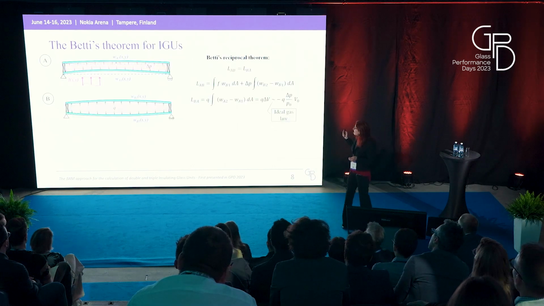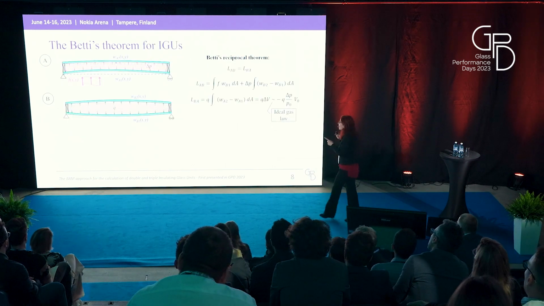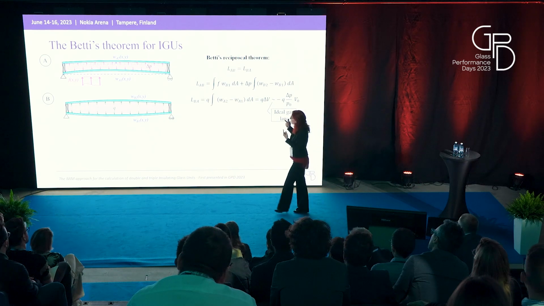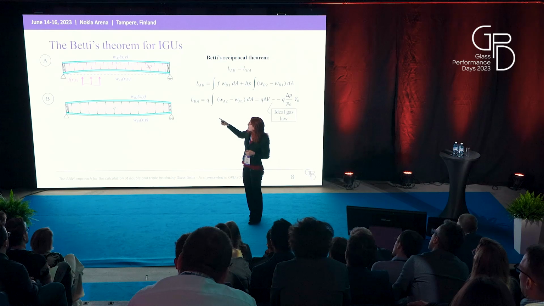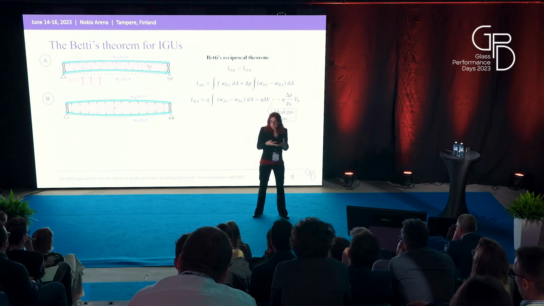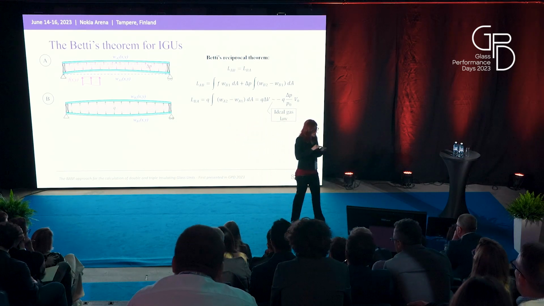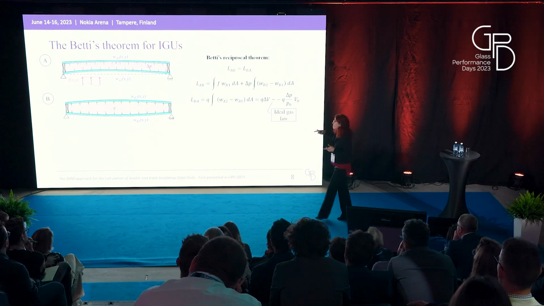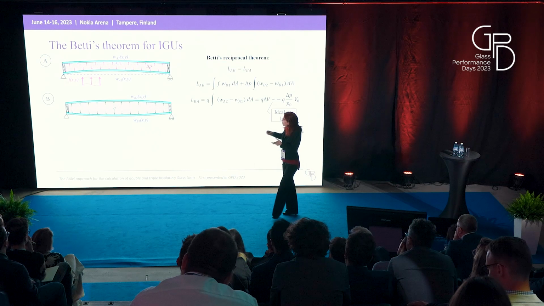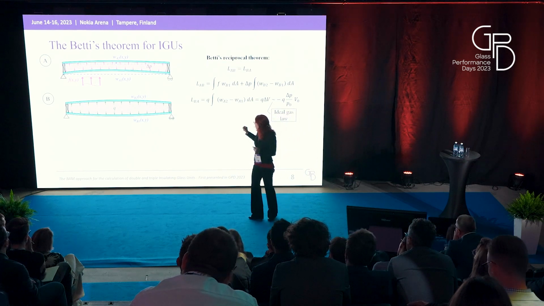So, passing to an IGU and trying to apply the Betti theorem to an IGU, let me consider as system A the actual load system acting on the IGU, so the external loads and the pressure change delta P. And as system B, a fictitious pressure inside the cavity.